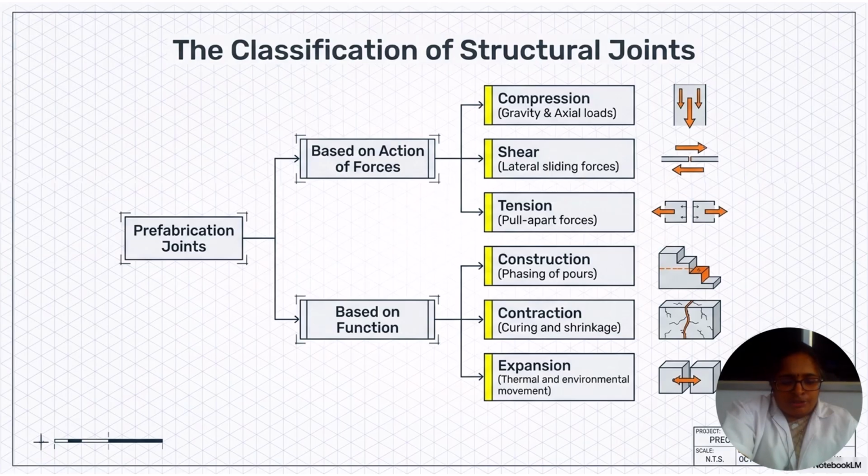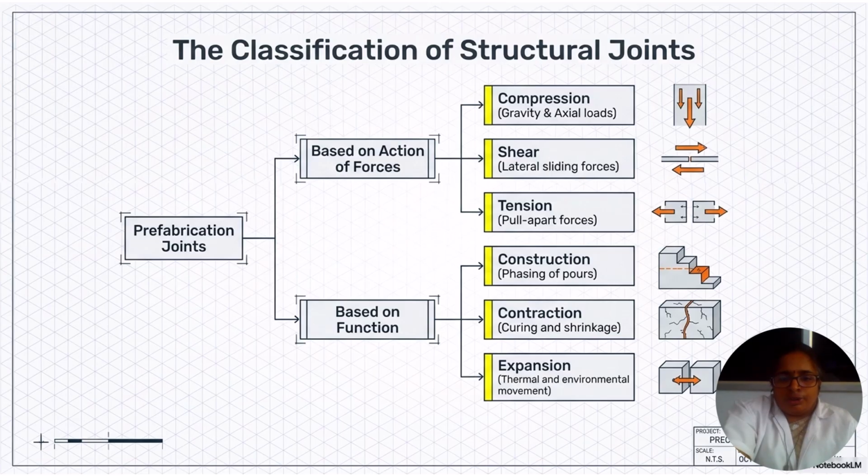The classification of structural joints, as discussed earlier, is based on the action of forces into compression forces, which are mainly due to gravity and axial loads, shear forces, which are due to lateral and sliding forces, and tension forces, that is pull apart forces. These are the classification of joints based on action of forces.